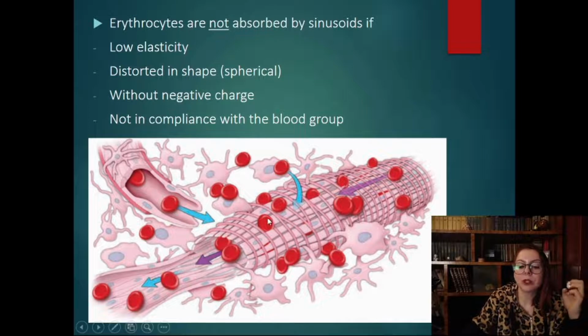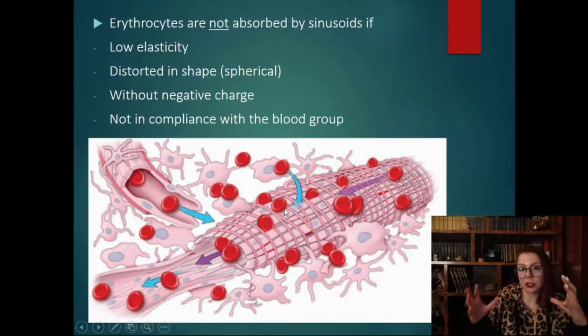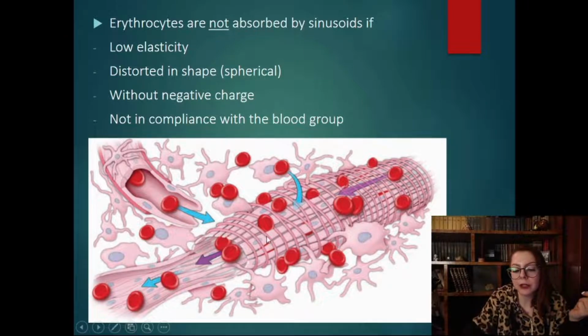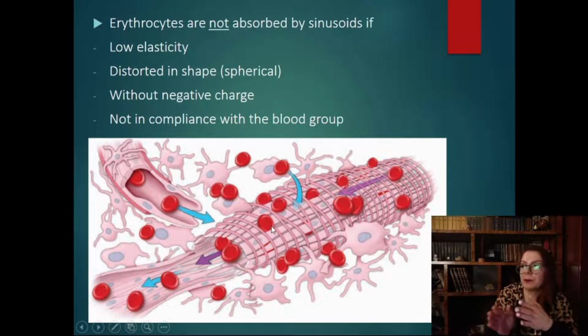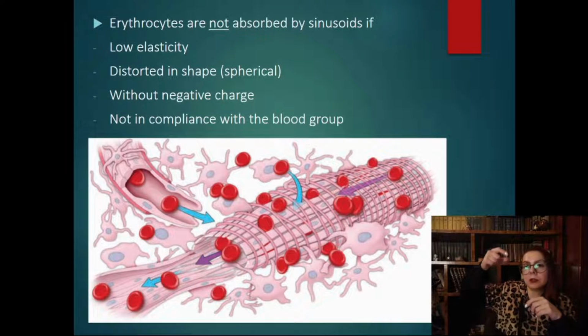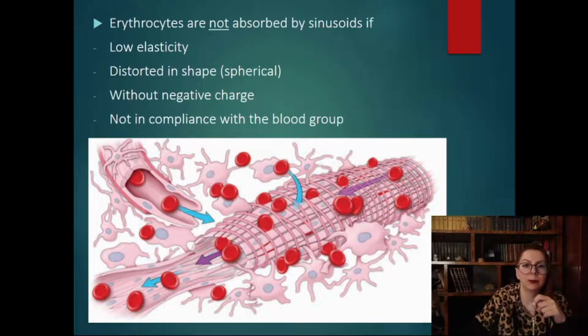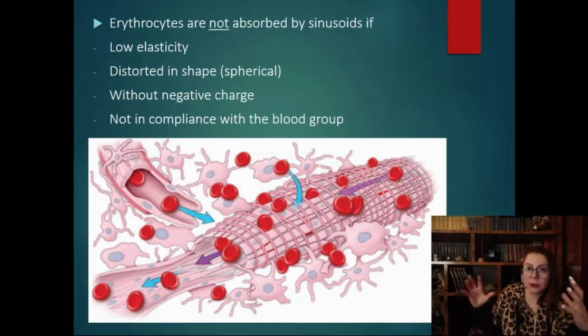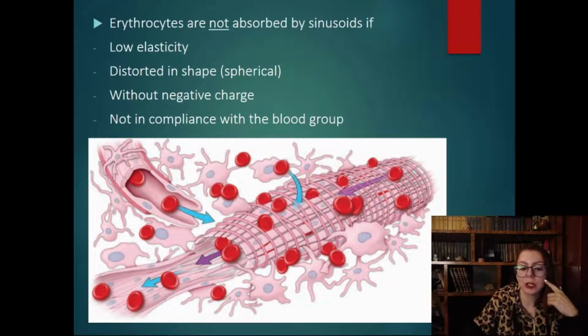Then next, if an erythrocyte is spherical in shape, it would never enter the sinusoids because the gaps between endothelial cells in those sinusoids are longitudinal, elongated. So only biconcave erythrocytes can squeeze between them. And if a cell is spherical in shape, it is too large to enter those slits.